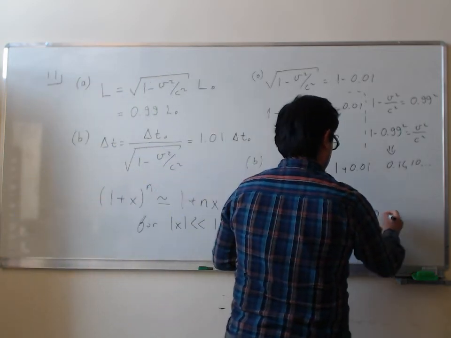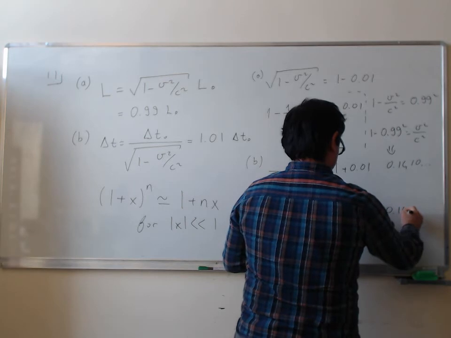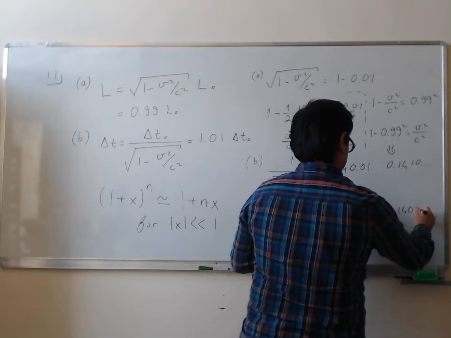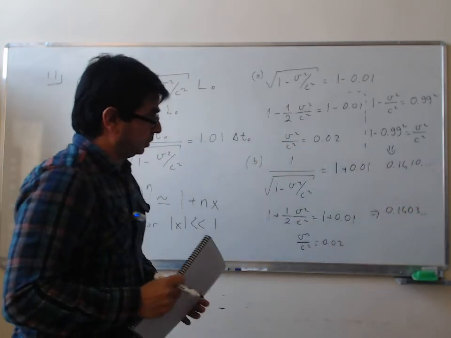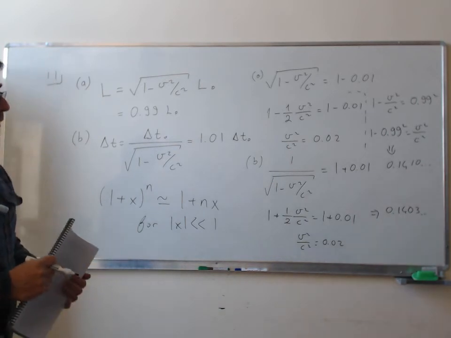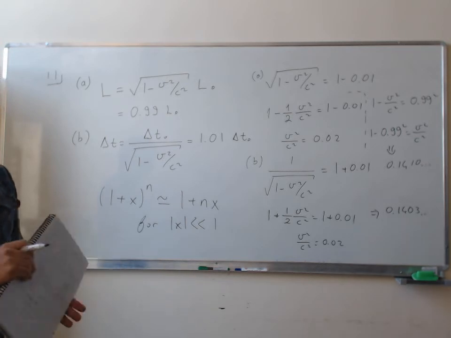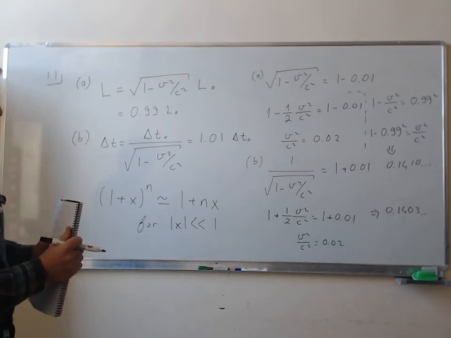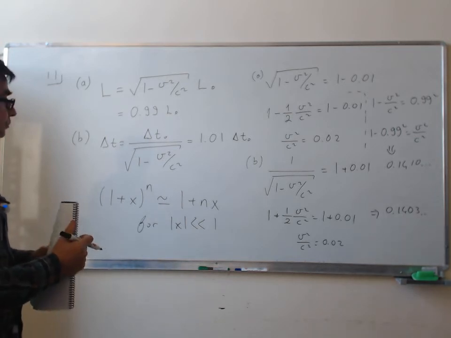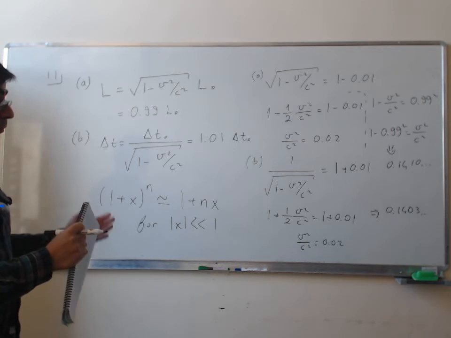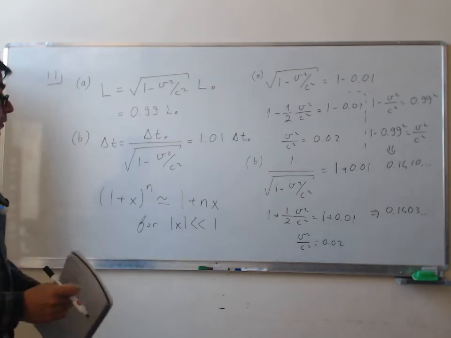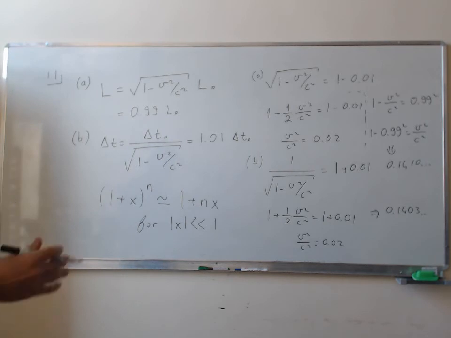This one gives 0.1403. And so on. As you see, they're very close. They differ by a factor of 7 in 1400, right? So the difference is less than 0.5%, or about 0.5%, I should say.